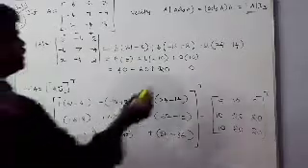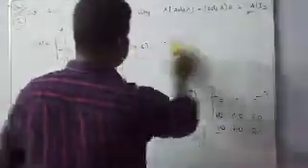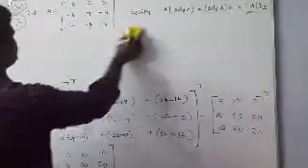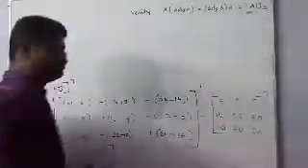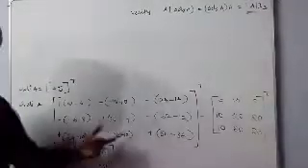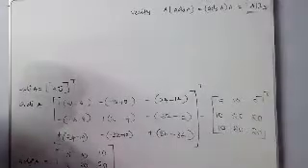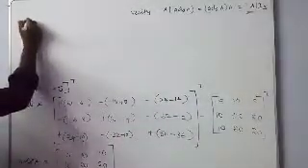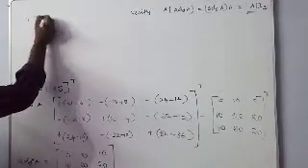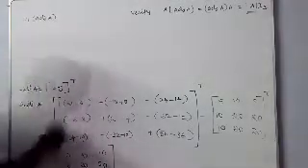Now we have to find. So I rub this. If you want to refer this sum, you go backward. Okay? Right. So adj A here. Now you have to find the value A into adj A. Now A value is what?